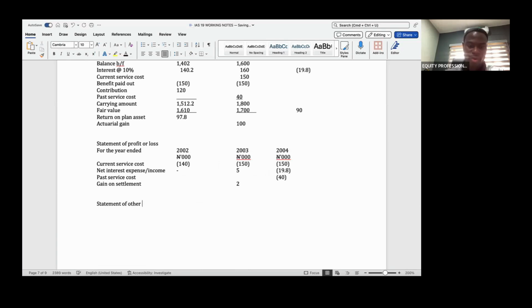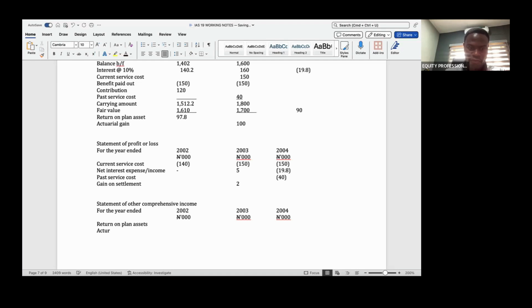So statement of other comprehensive income for the year ended 2002, 2003, 2004. So I have return on plan assets.